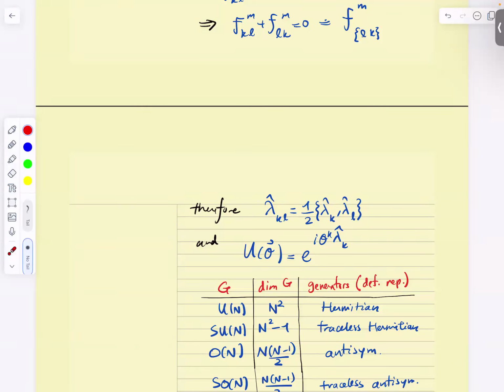Very good. If I want a unitary representation, if U(theta) is unitary, what is lambda_K? Hermitian. If I put an i here, it's no longer Hermitian, it's anti-Hermitian. Well, yeah, it is anti-Hermitian.